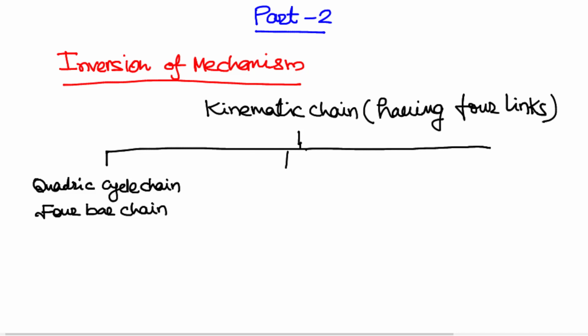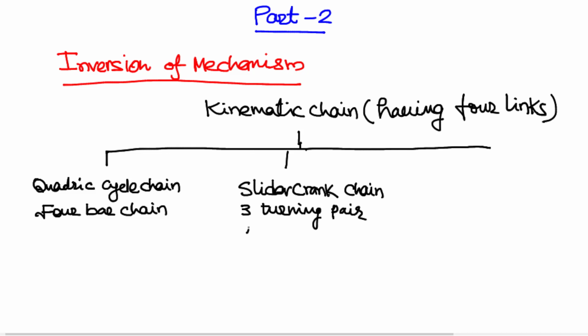Four-bar chain means all four pairs are turning pairs. Second, slider crank chain. This has three turning pairs and one sliding pair.